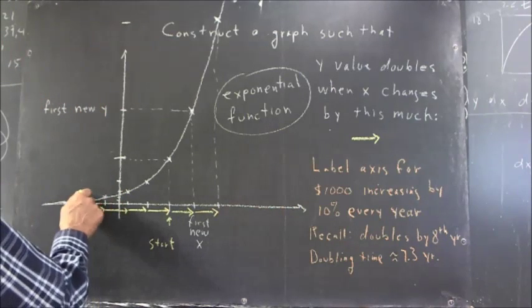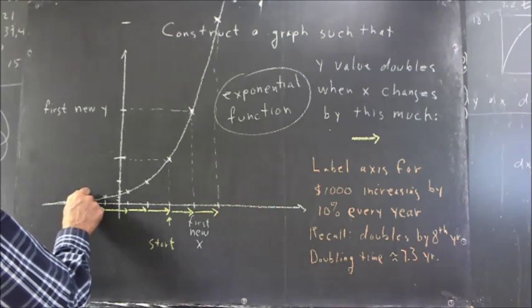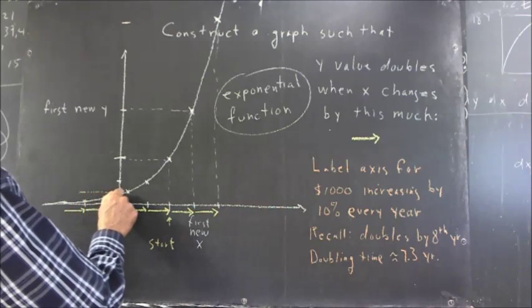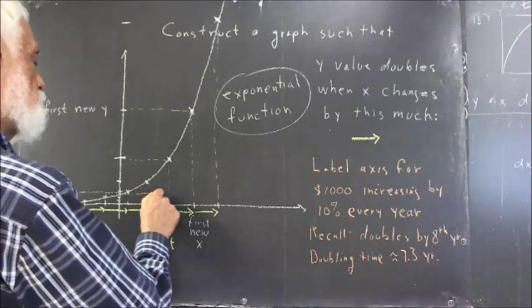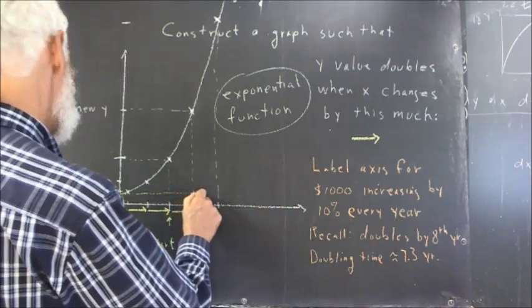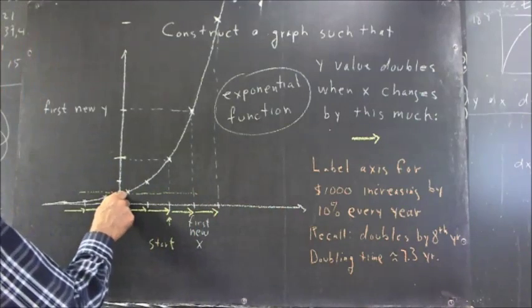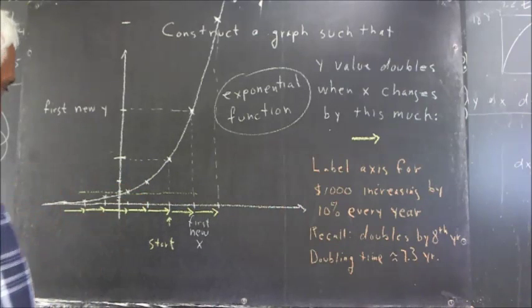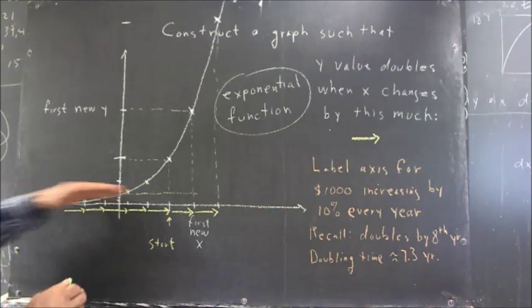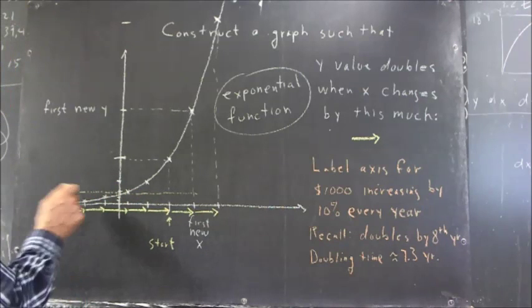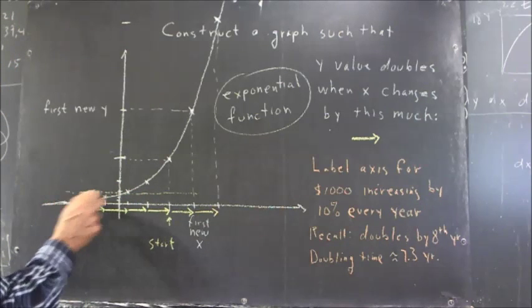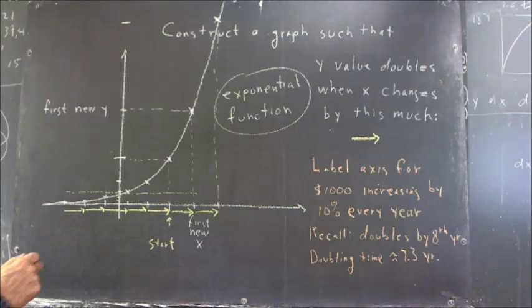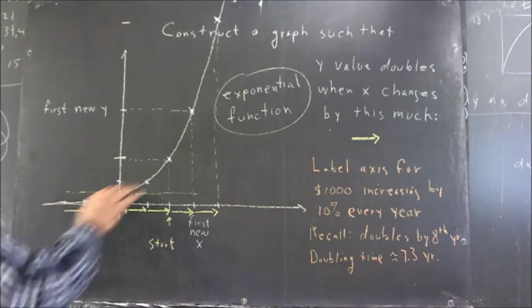In fact, I drew a line here as it goes through the axis where the graph does. Actually, I kind of screwed that up. It's a little bit high, but it's supposed to go through the axis right where it meets the curve.